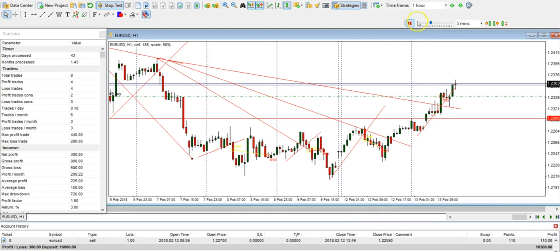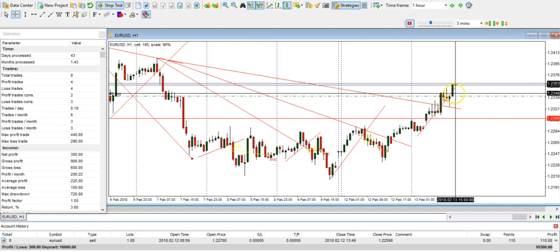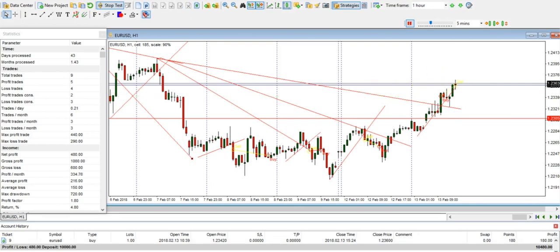Okay, so we're coming around 4 p.m. now. We are good 20 pips in profit near the end of the day. Good time to take profit. Okay, and then we move on to the next day.